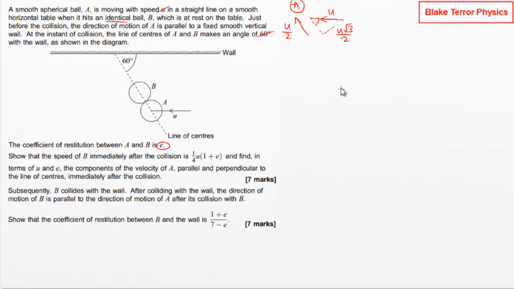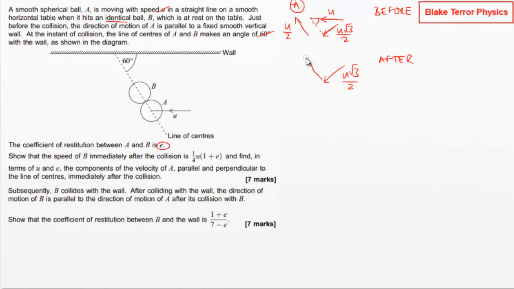That's before the collision. And then after the collision, because B is just not moving, I won't bother putting that one on. So this is before. And now let's go to after. So after, for A, this wouldn't have changed because the collision hasn't happened in that direction. So that's staying at u root 3 over 2.